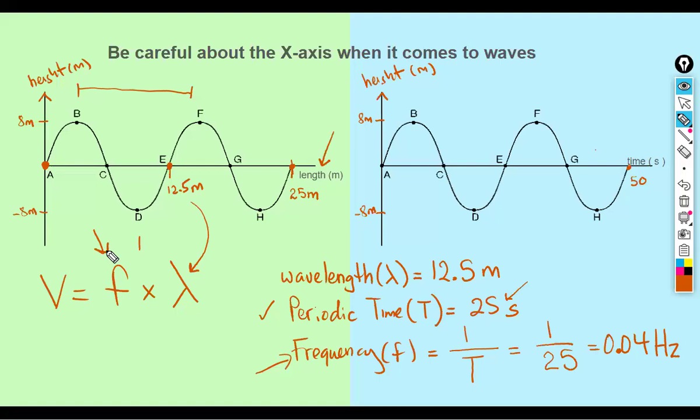So you actually need the two graphs in order to calculate the velocity for this particular question. So the frequency is 0.04 and the wavelength is how much? 12.5. Let's multiply it. 0.04 multiplied by 12.5, 0.5 meters per second. That's the answer.